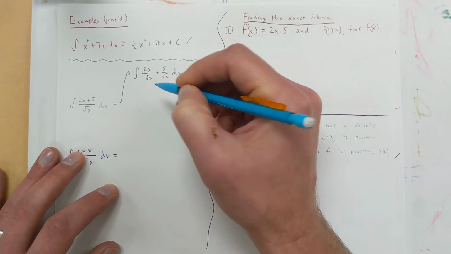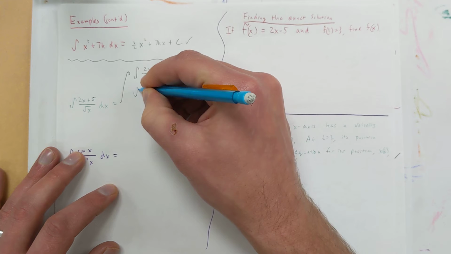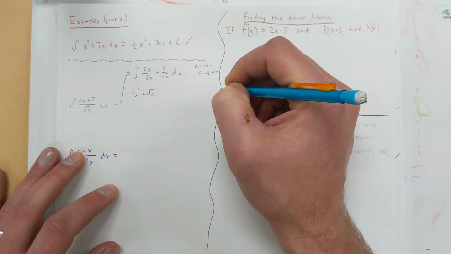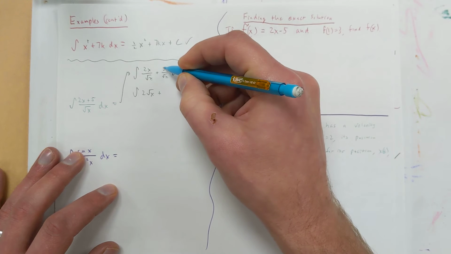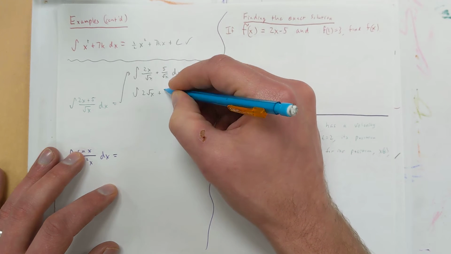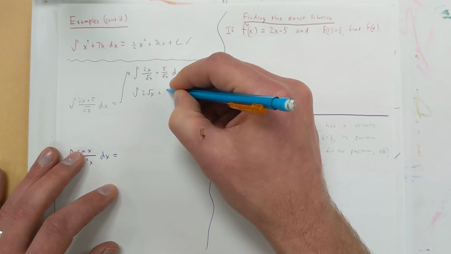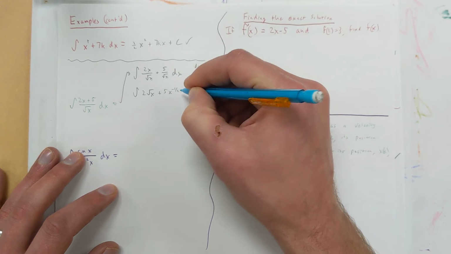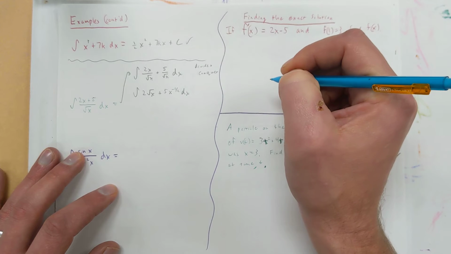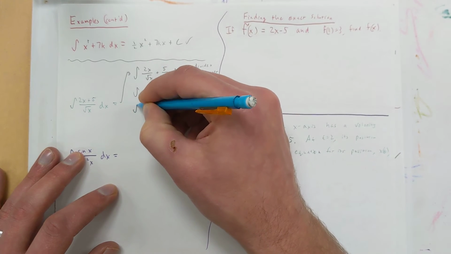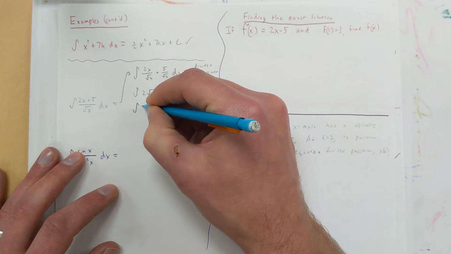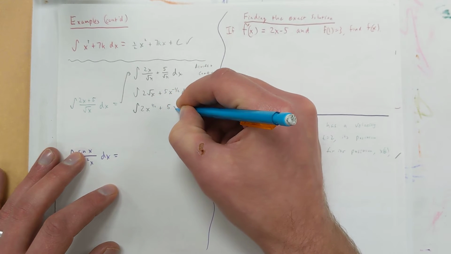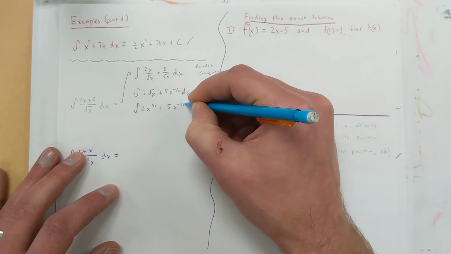Now, x divided by the square root of x, that is really just the square root of x, so 2 square root of x. Plus 5 divided by the square root of x, well, I can rewrite that as 5x to the negative 1/2. So I can rewrite it as 2x to the 1/2 plus 5x to the negative 1/2.